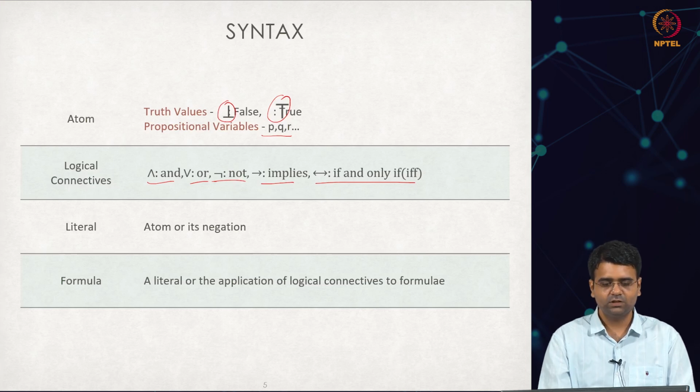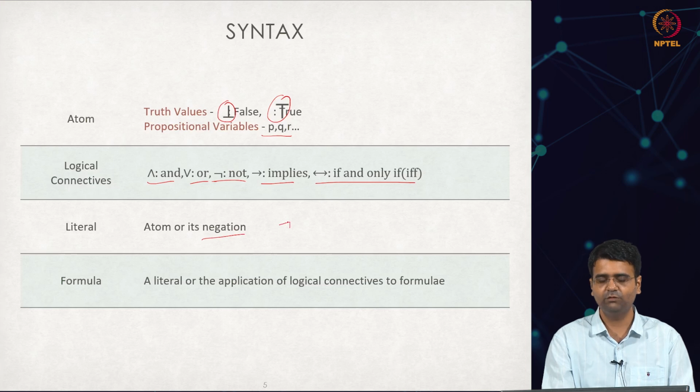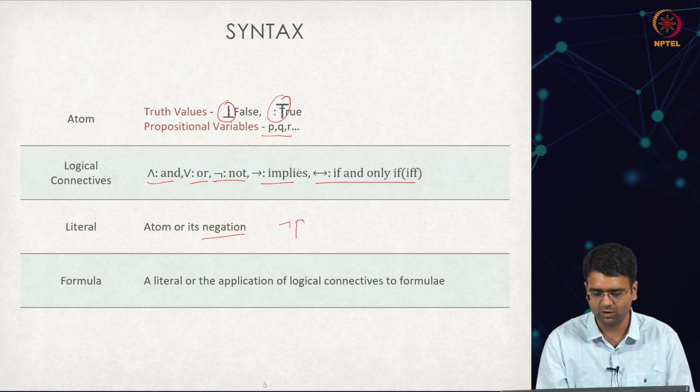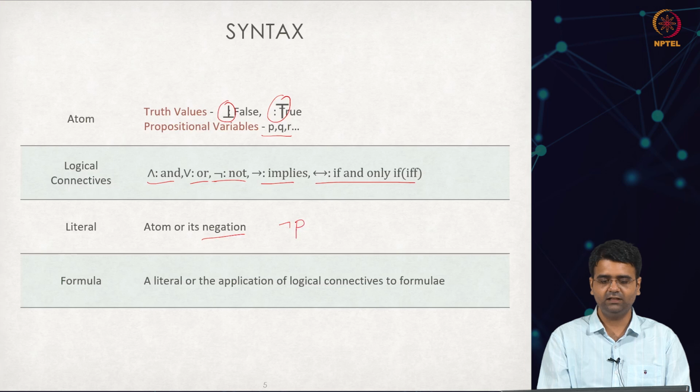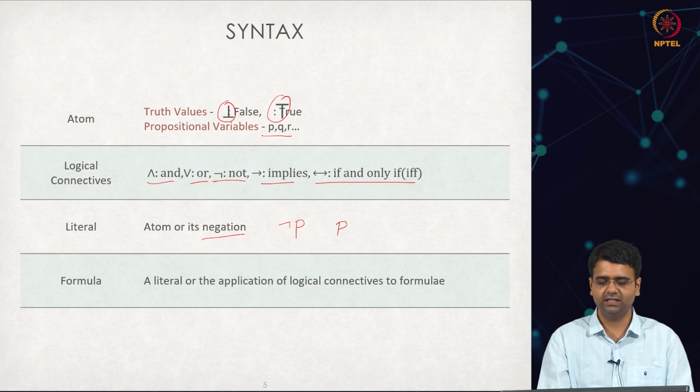A literal is either an atom or its negation. Negation is obtained by applying the not logical connective before an atom. So when I say something like not p, this is a literal. Similarly, p itself is also a literal. Either an atom or its negation is a literal.